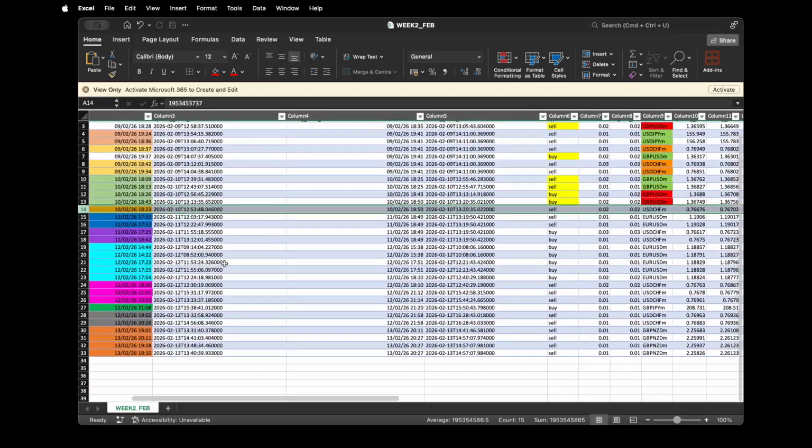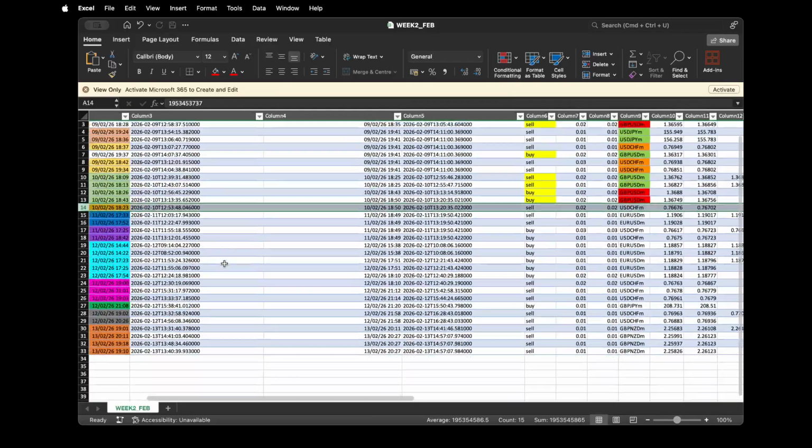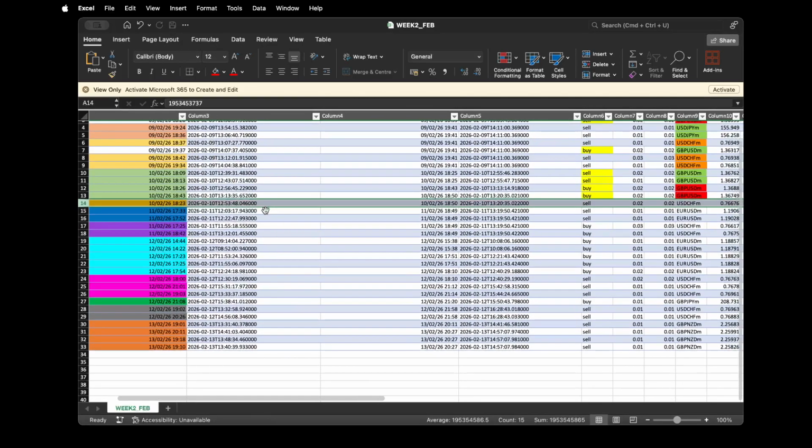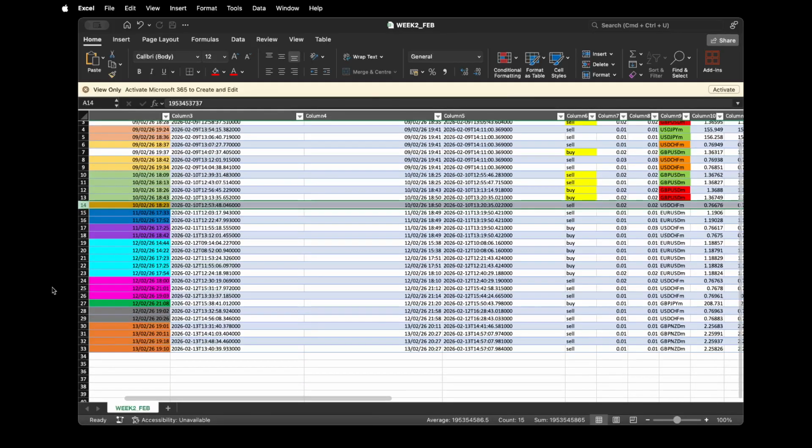A USD CHF sell trade was made on 10th of Feb, 6:23 p.m. Let's switch to TradingView.